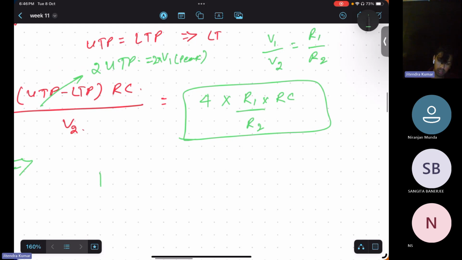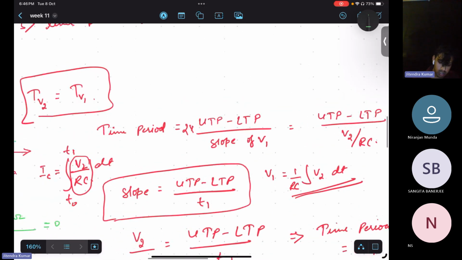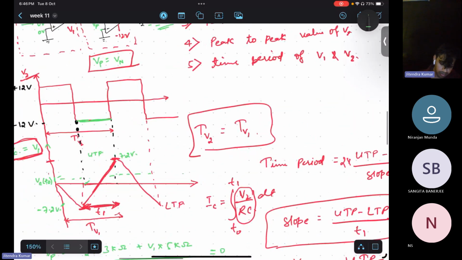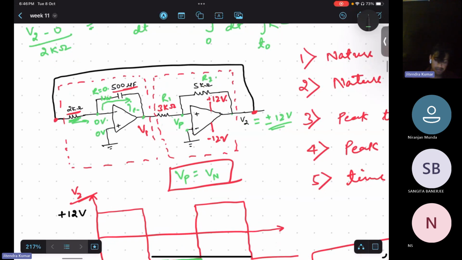So frequency will be the inverse of that: R2 divided by 4 R1 into R into C. This R is nothing but the integrator circuit resistor, and R1, R2 are the resistors connected to the Schmitt trigger circuit.